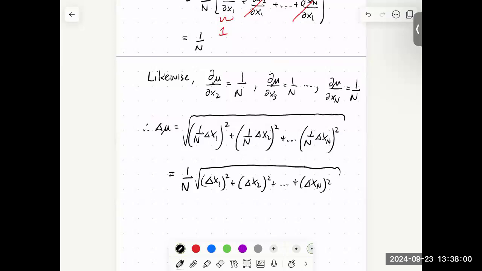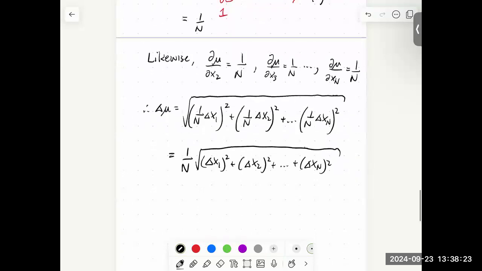And so if we've made a good estimate of these uncertainties in our individual trials, these should all be approximately equal to the standard deviation, right? 68% of our measurements will fall within 1 standard deviation of the mean. Sometimes they'll be closer to the mean, sometimes they'll be farther away, but typically they're about 1 standard deviation away.